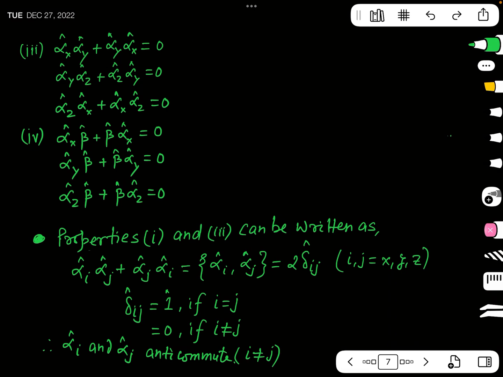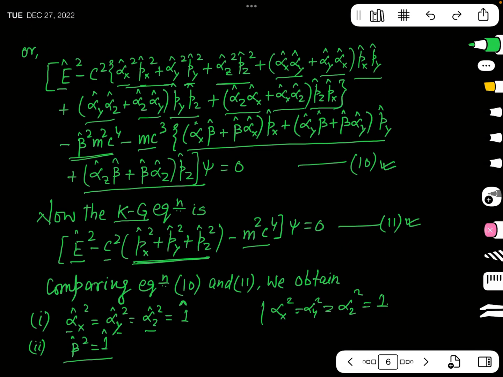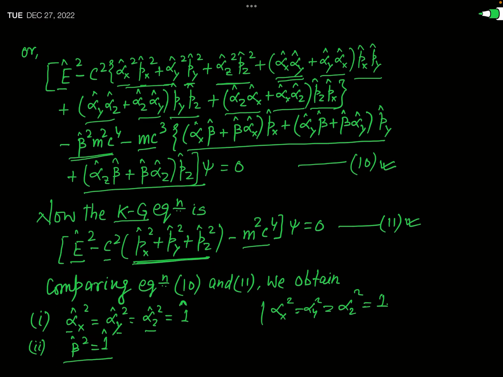Now, again, you can see that the terms like alpha x, alpha y, alpha x, and alpha y, alpha z, alpha z, alpha y times py pz, alpha z, alpha x plus alpha x, alpha z times pz px, such terms are not present in this Klein-Gordon equation. What does it mean?